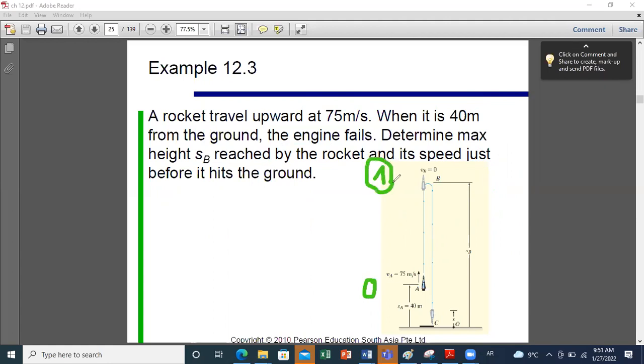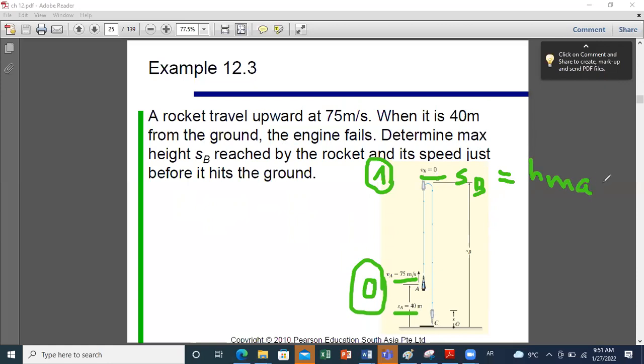I know for the initial position my velocity and my coordinate. For the final position, I know that the velocity should be 0, but I want to search for the coordinate, S of B measured from the ground level, which will represent the maximum height I can reach.